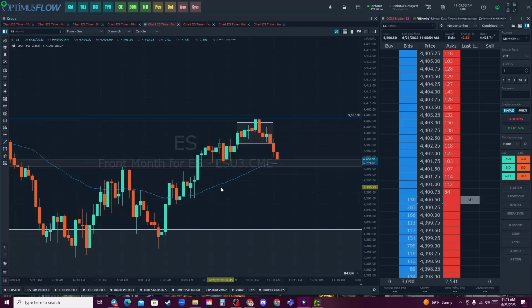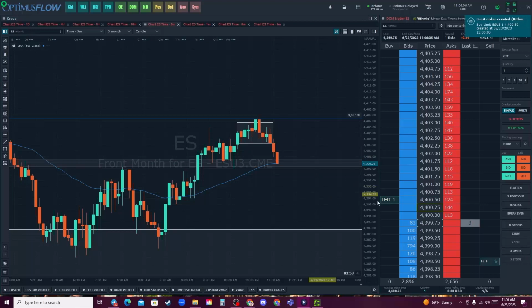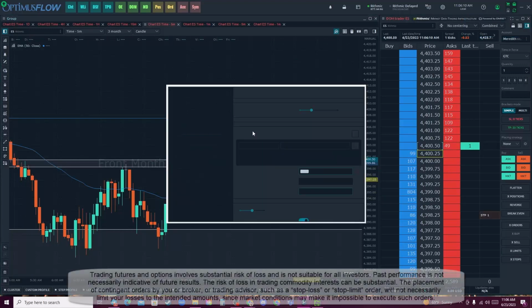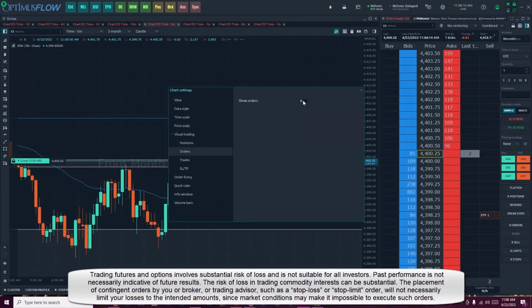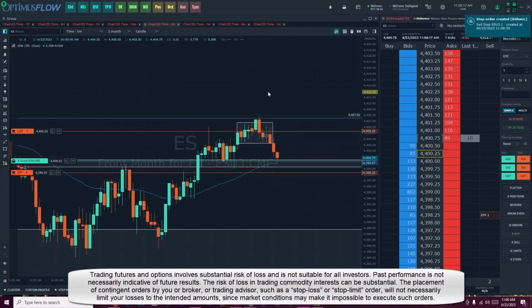This moving average is a 50, and you can use anywhere from a 10, a 50, 200, all depending on your trading strategy. But in this case, if we were long and we wanted to see our trades here, let's activate this. We could make sure that our stop is below this swing low and also well below the moving average.